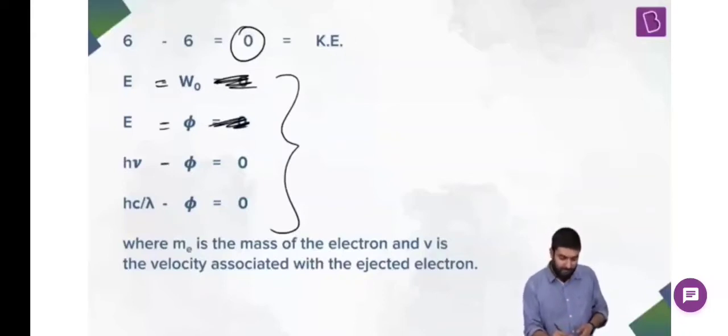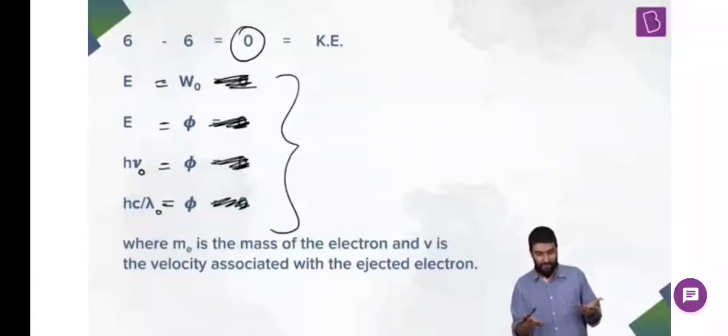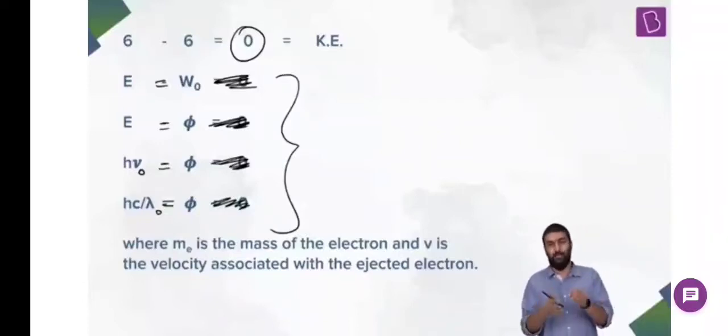We can also say that the frequency you have provided, the energy of the photon, is exactly equal to the work function, and so this frequency is called the threshold frequency, and in a similar way this wavelength is called the threshold wavelength. Understand? Same thing. So this is the frequency at which the energy of the photon is exactly equal to the work function.